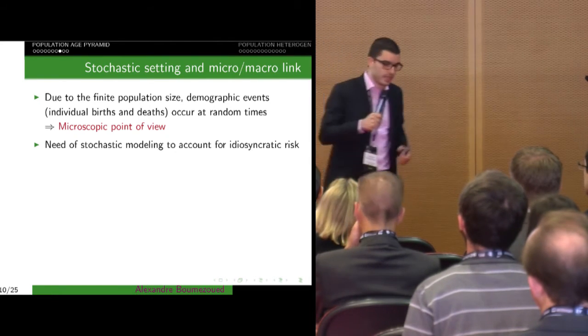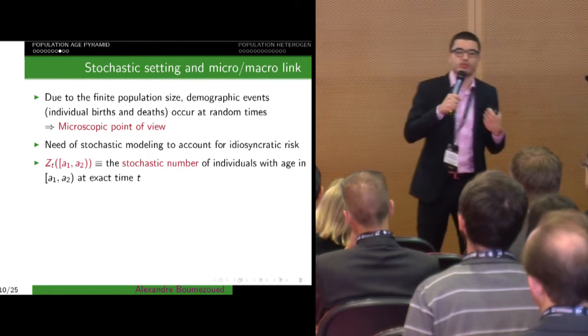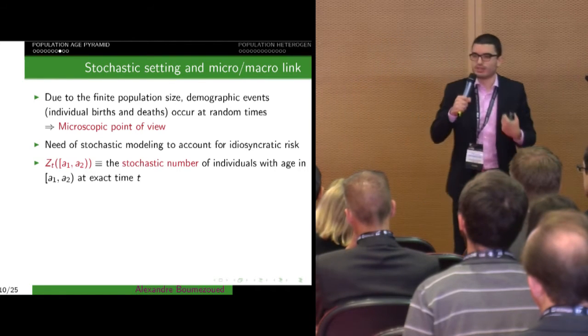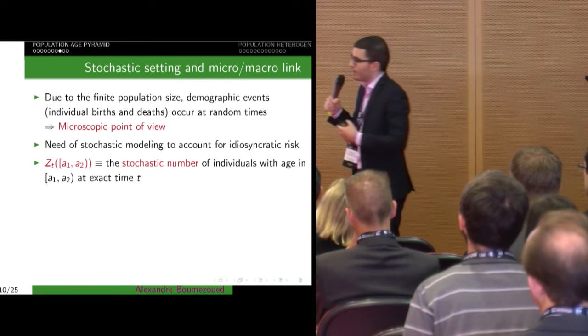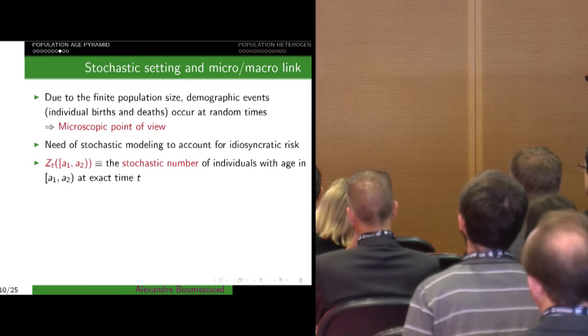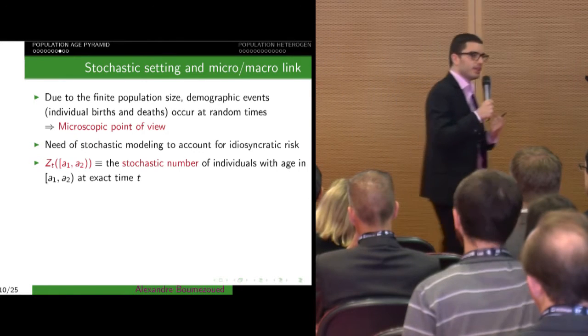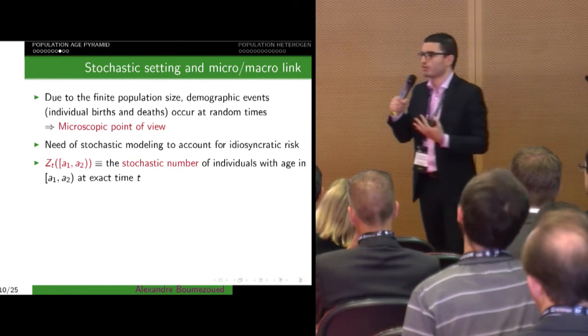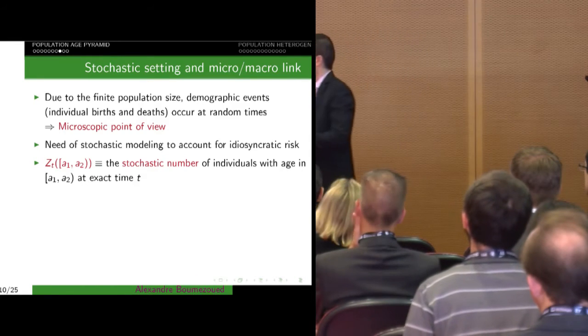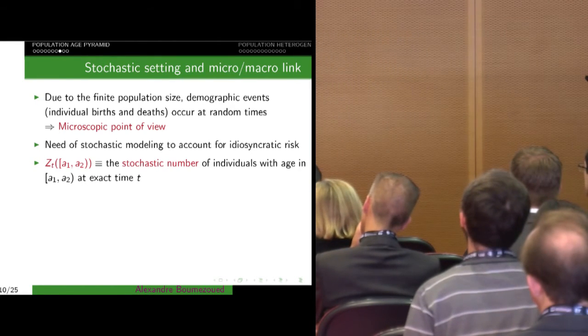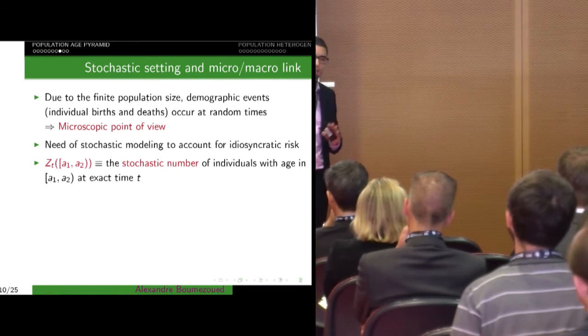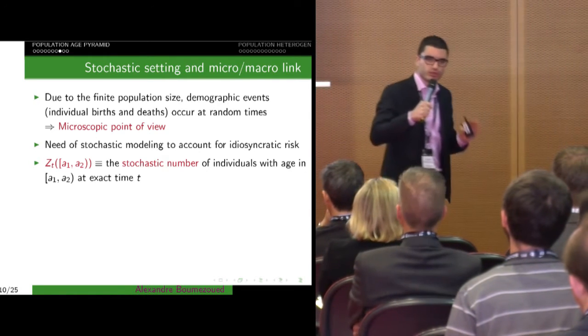This is a crucial point about the microscopic point of view, but be careful, because we call it micro-macro consistent. Meaning, if we have a linear model, and we take the average number of people, then it is described by the McKendrick-von Foerster equation, which is good.